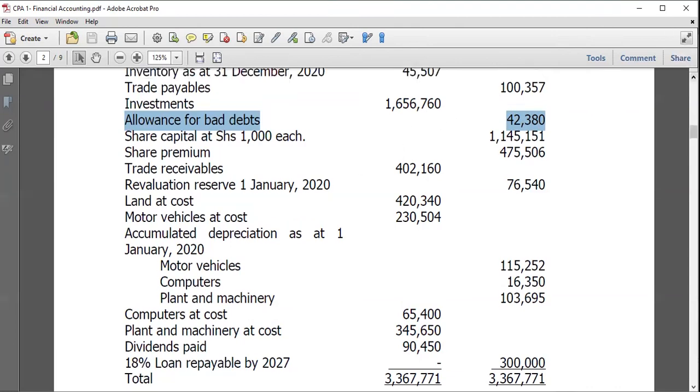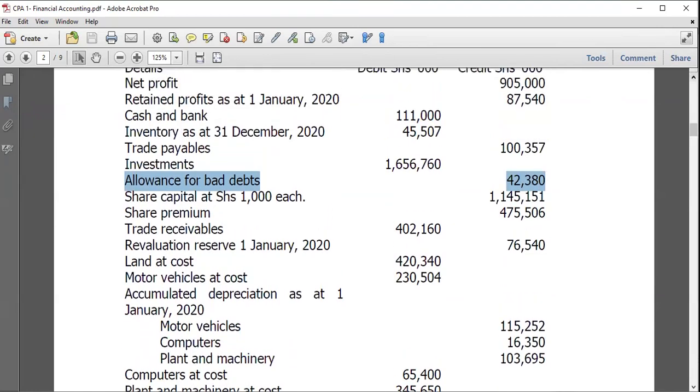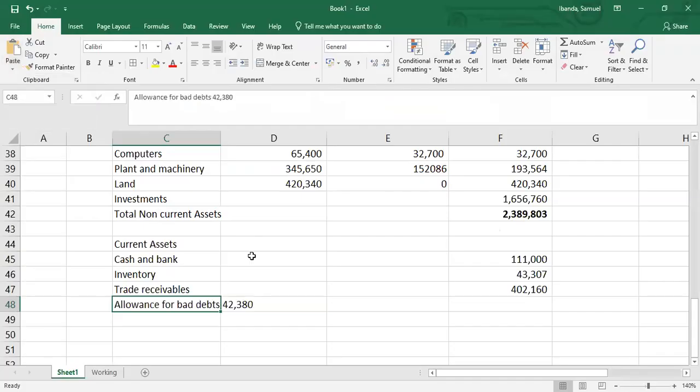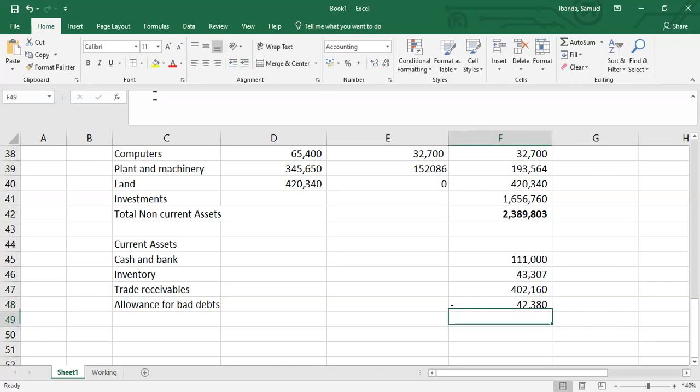So for matters of prudence, of not overstating our figures, we go ahead to adjust our trade receivables in the statement of financial position. So trade receivables are supposed to be adjusted by this value, to determine the new value of trade receivables.